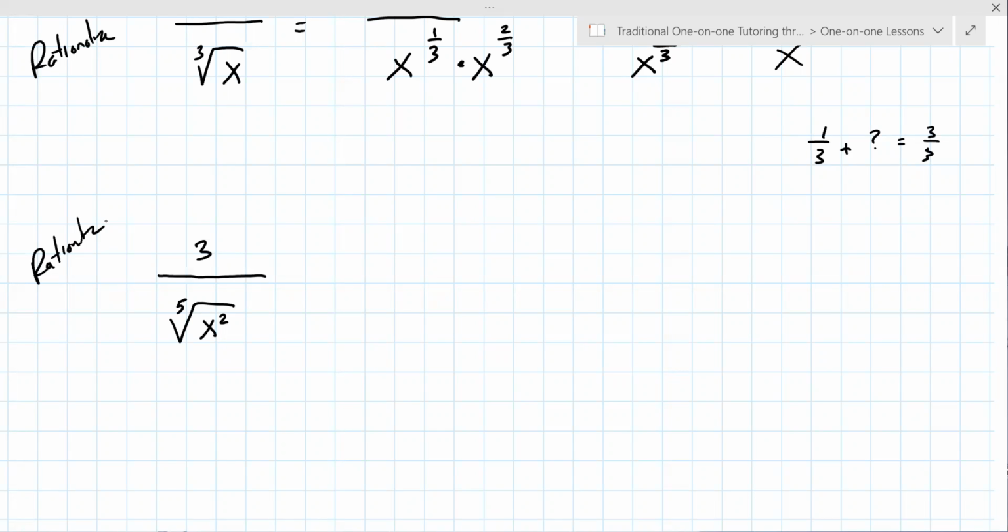So the one on the outside of the radical is the one that's the denominator, right?